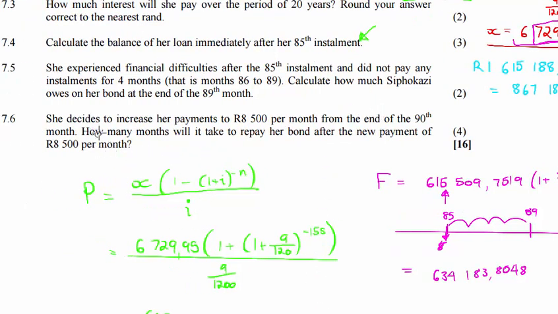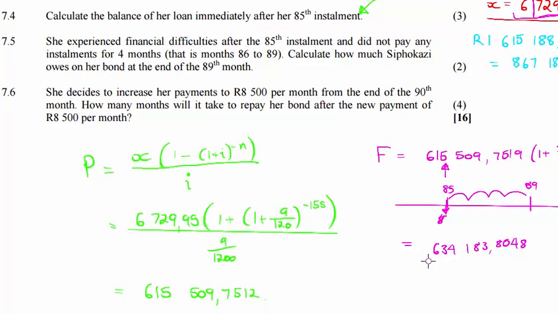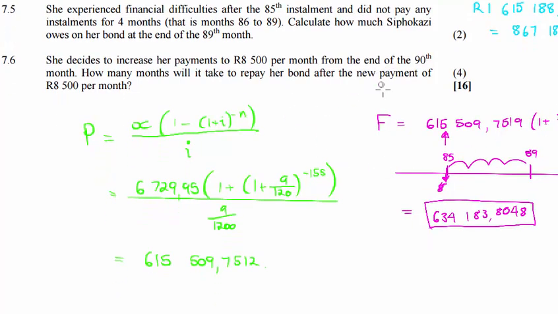Okay, she decides to increase her payment to 8,500 per month from the end of the 90th month. How many months will it take to repay her bond? So this is how much she now owes. How many payments does she still have to make?